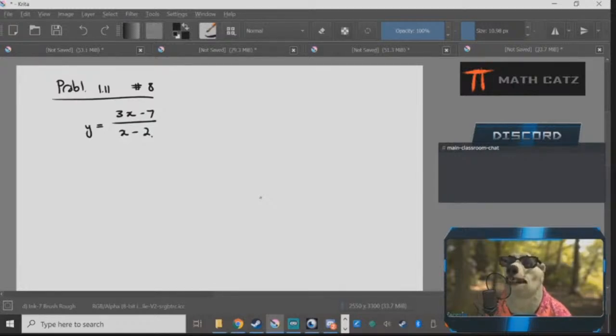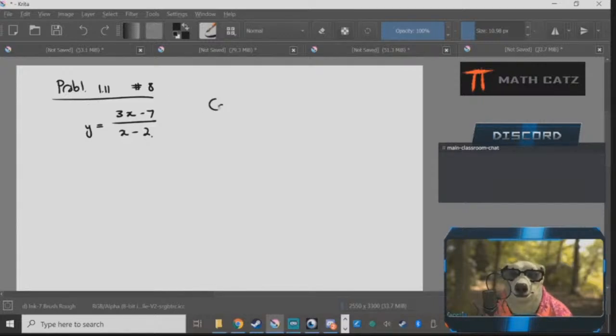I had to isolate them first in order to see them and the sequence. Now the method there was completing the square. That's not happening here, but I have to still rewrite this to figure out what the transformations are.